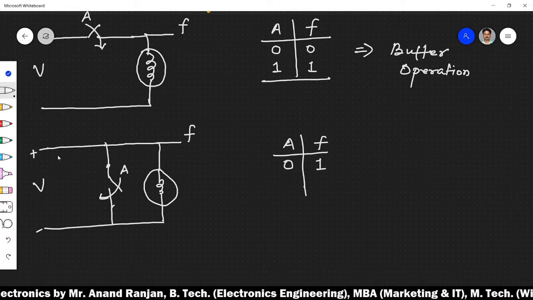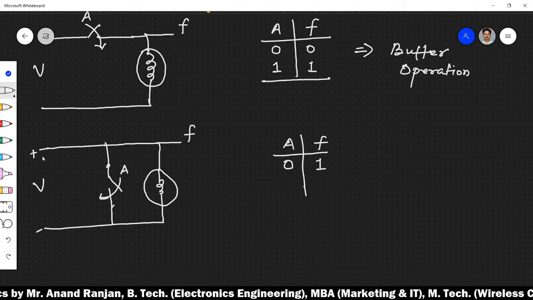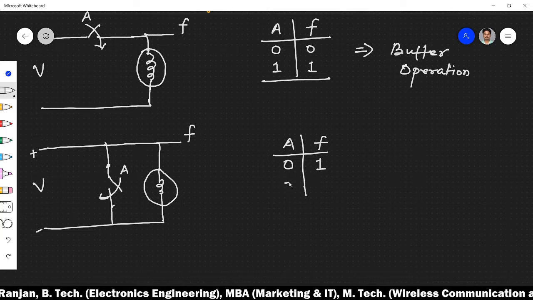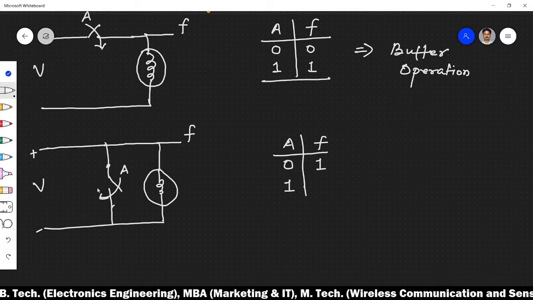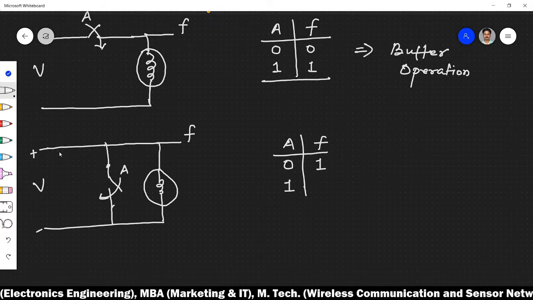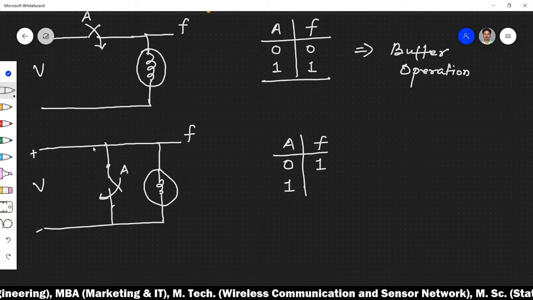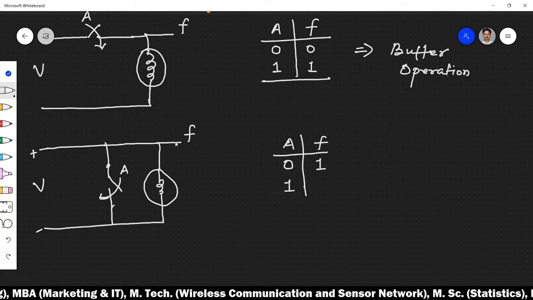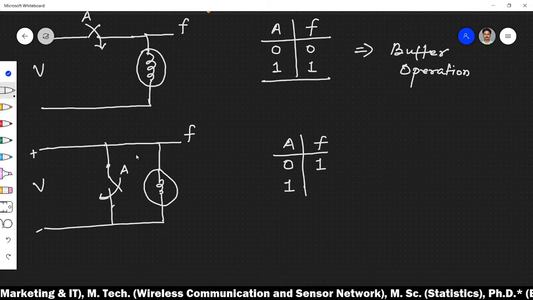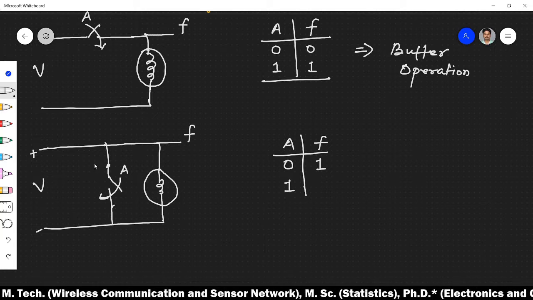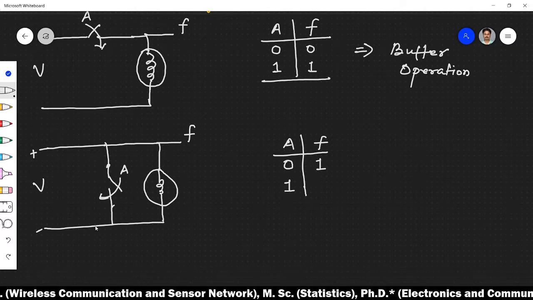So in the second case, when the switch A is closed, A is equal to 1, this path is the easiest path for conduction, and no current will go through the bulb path. So the bulb will not glow, and the entire current will follow this path.